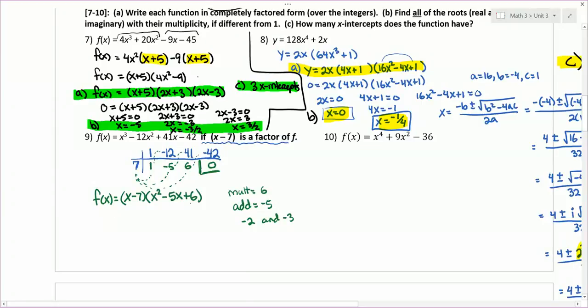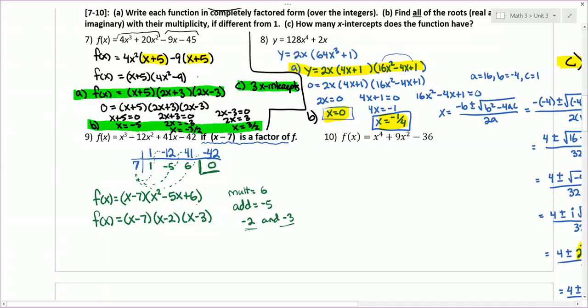And if the leading coefficient is a 1, then we can take the shortcut and go to direct factorization. So we get f of x is x minus 7, and then the x squared minus 5x plus 6 factors to x minus 2 and x minus 3, because we got the negative 2 and the negative 3. That's a shortcut.